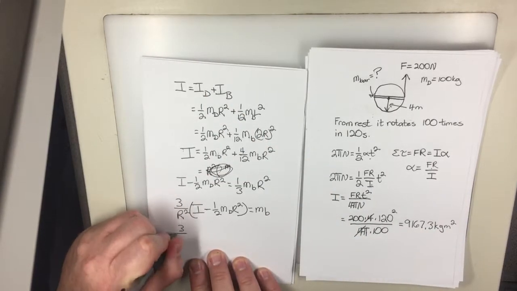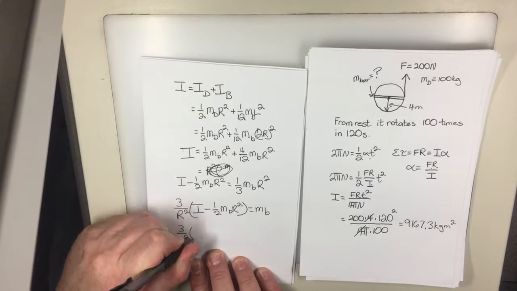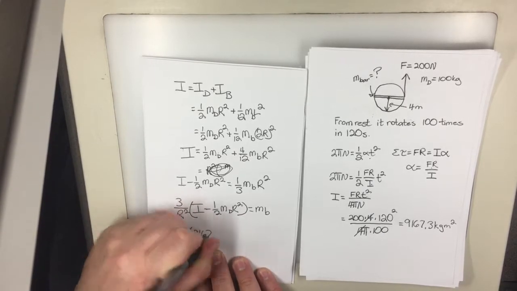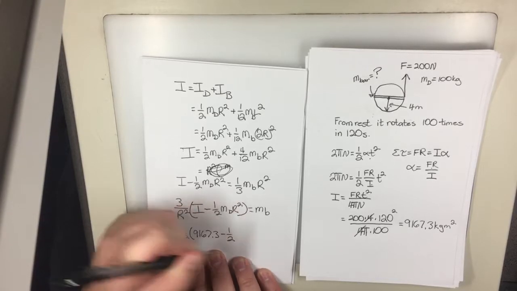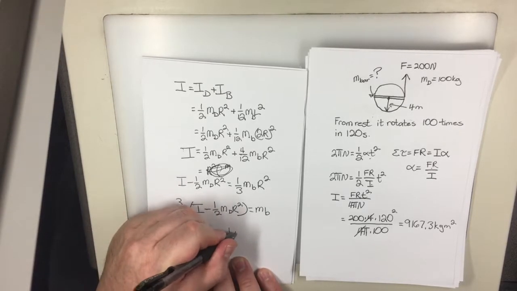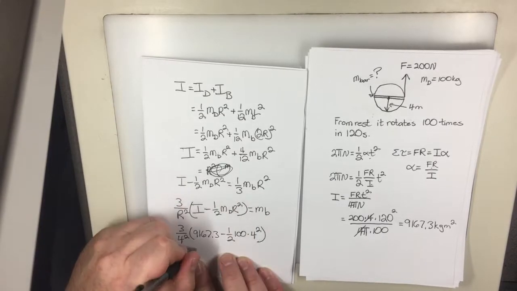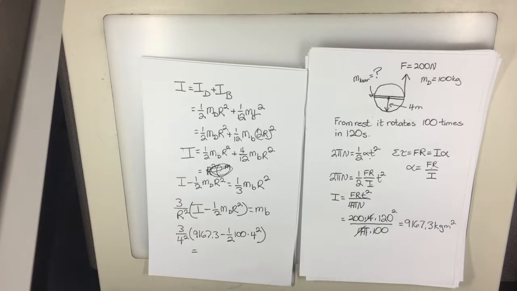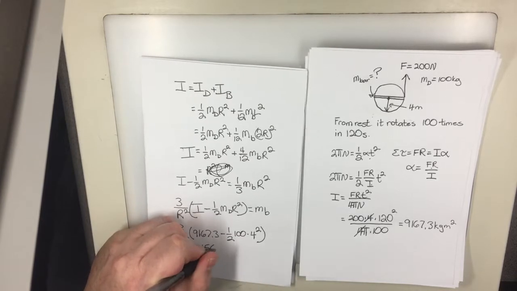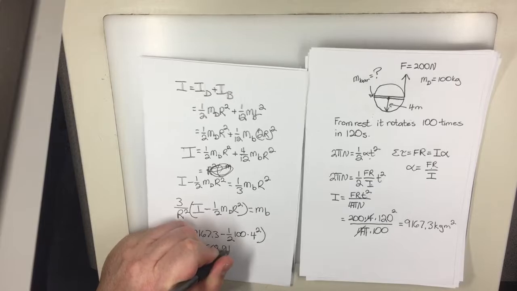So this is 9167.3 minus 1/2 mass of the disk 100 times 4 squared, and that gives me the mass of the bar. Minus 50 times 16, times 3 divided by 16. So 1568.9 kilograms.